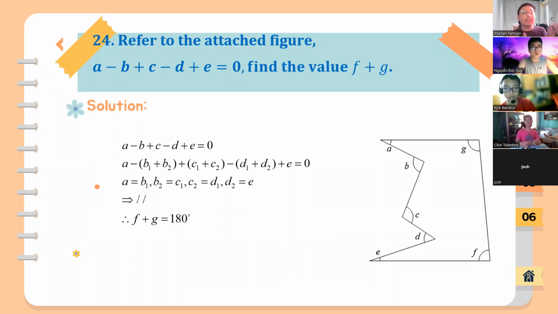But when they are alternating, not on the same side, they would be equal. So when alternating, they are the same, but when they're on the same side, that is going to be supplementary.